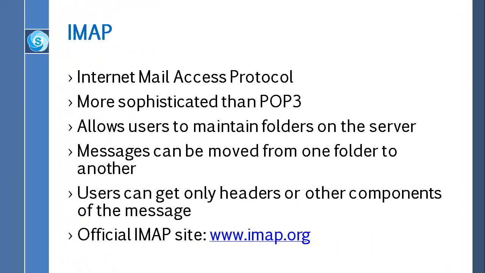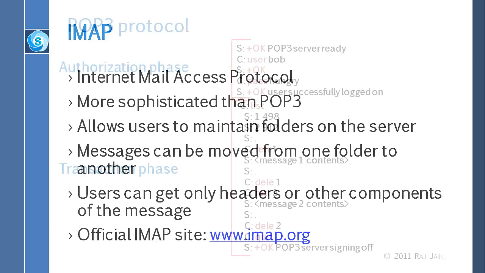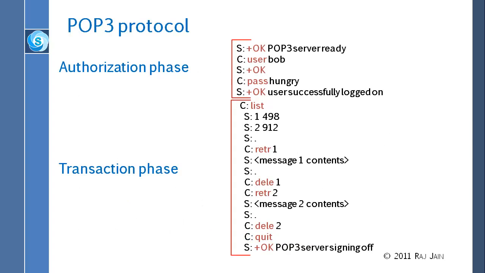All right, IMAP is Internet Mail Access Protocol. It is more sophisticated than POP3, and messages can be moved from one folder to another, and users can get only the headers or a component of the messages. Again, because we are not going into detail of the IMAP protocol: in POP3, there was no push as such.